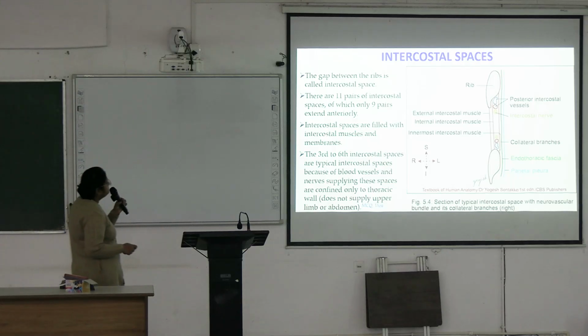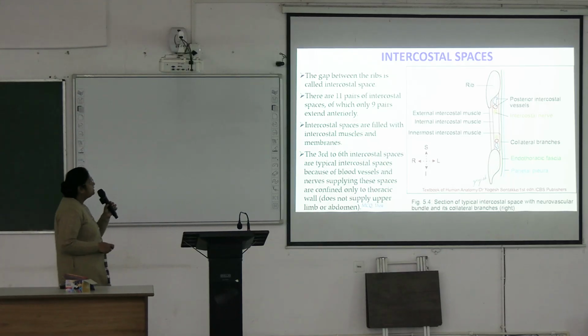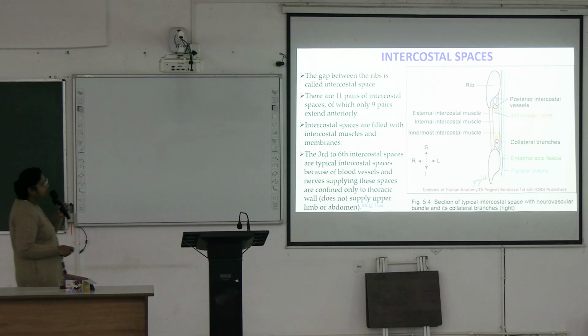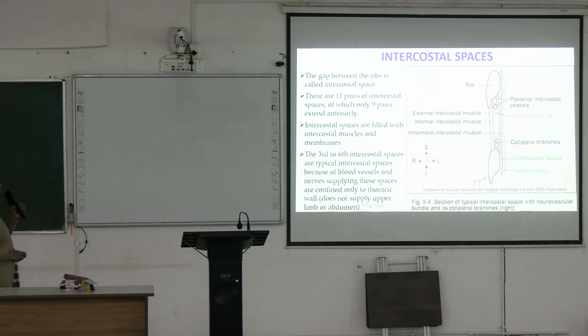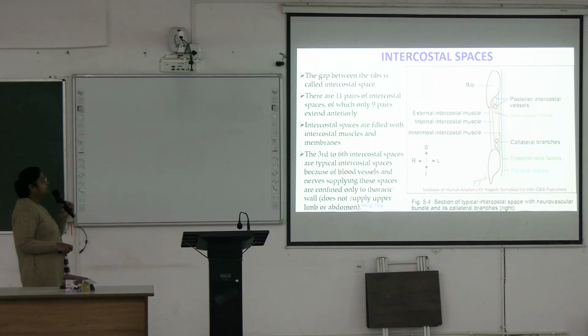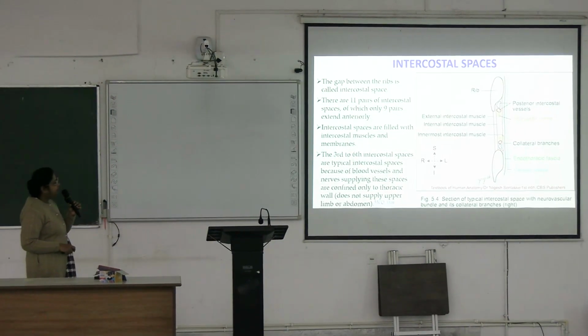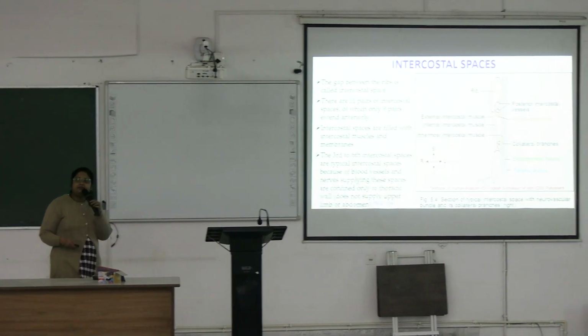So intercostal spaces are filled with intercostal muscles and the membranes. The 3rd to 6th intercostal spaces are typical intercostal spaces because the blood vessels and nerves supplying these spaces are confined only to the thoracic wall. They do not supply the upper limb or abdomen, okay?